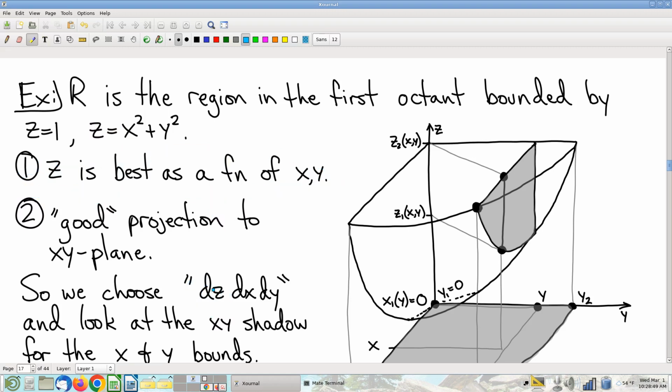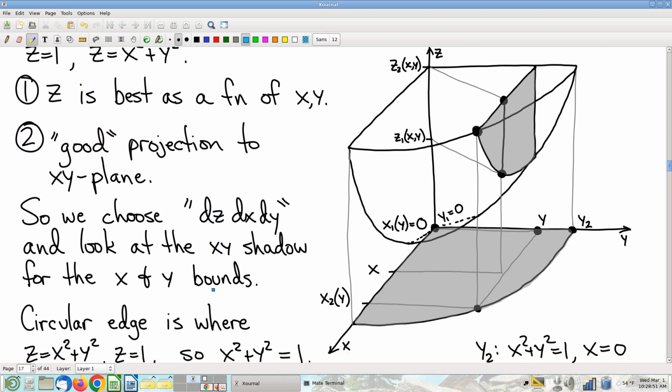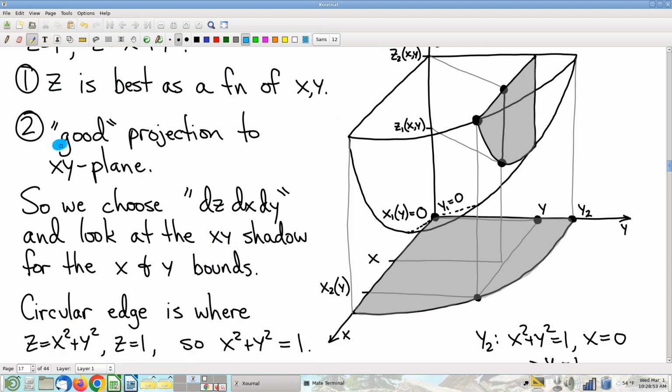Okay, so the next thing I claim, and we're going to talk through the details now, I claim that there is what I would like to call a good projection into the xy plane. First of all, let's talk about what I mean by a projection into the xy plane.